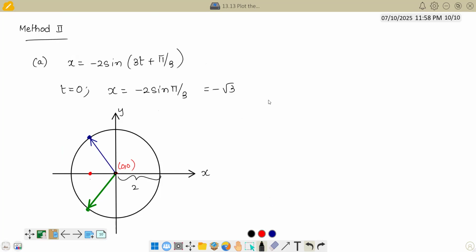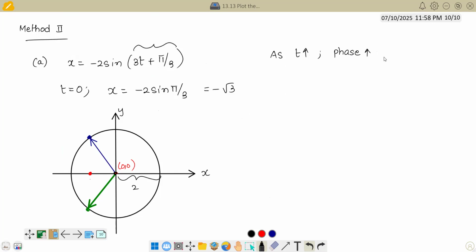To understand that, you should understand what happens as time increases. We can see as t increases, the phi value is increasing, because as the t value increases, this entire thing is called the phase. So the phase is increasing.